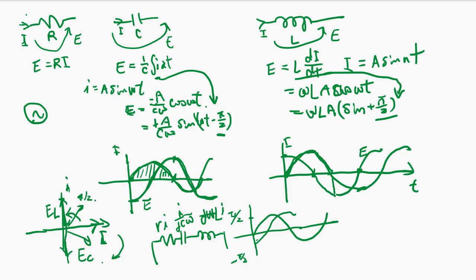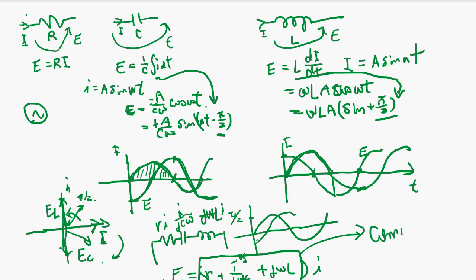So the voltage is R plus J omega C plus J omega L, I. So impedance is going to be a complex number, and that means when I is a sine wave, then E is also a sine wave, but phase shifted by the amount of theta.